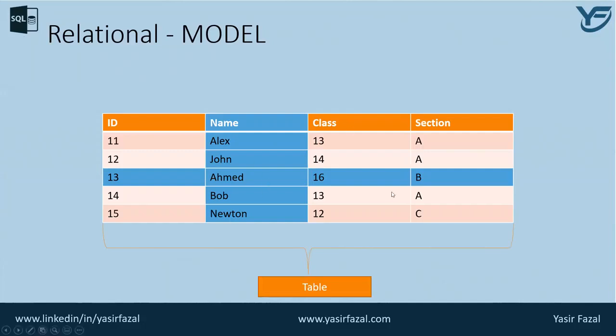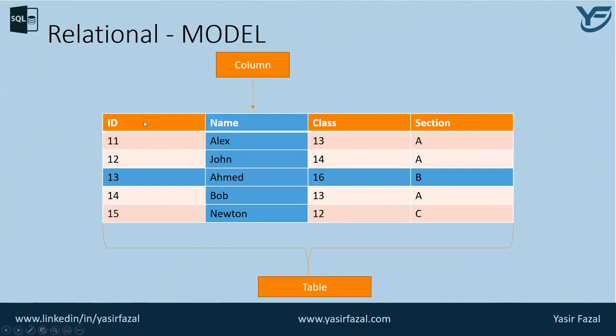So this is the table, right? Each table or each relation has some columns. Columns could be, for example, in this case, ID, name, class, and section. Columns in a relation contain values from the same domain.